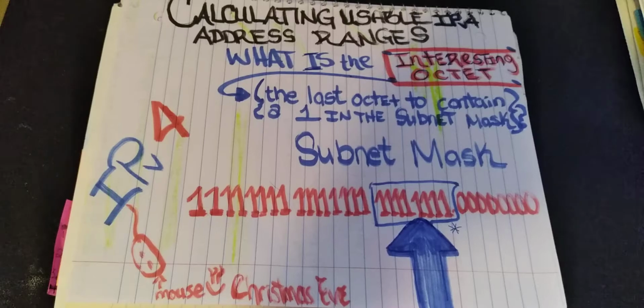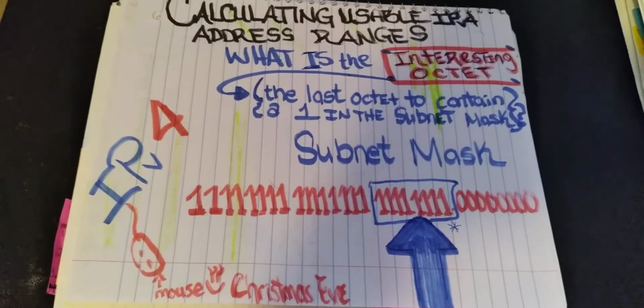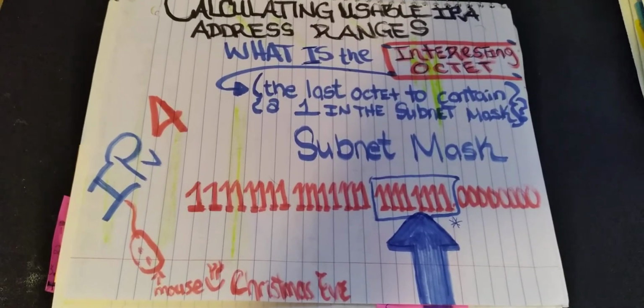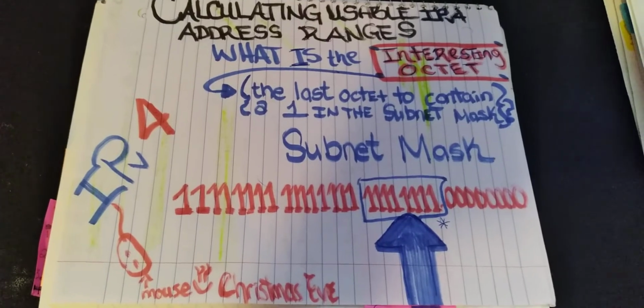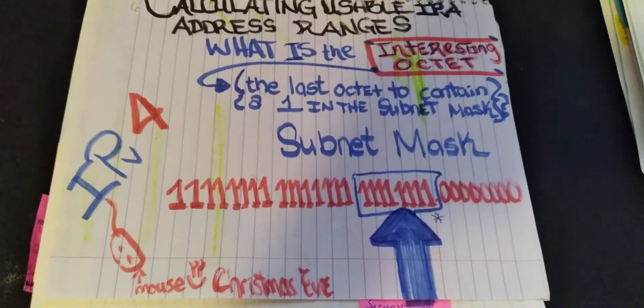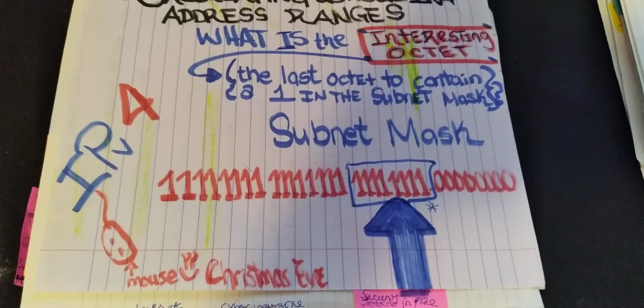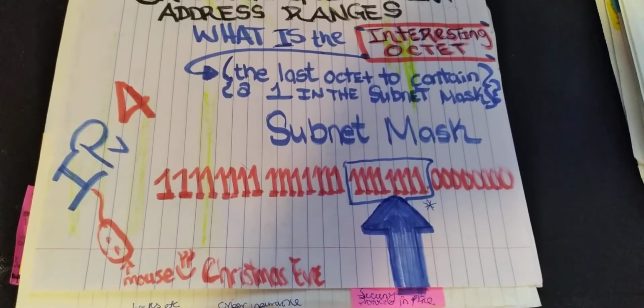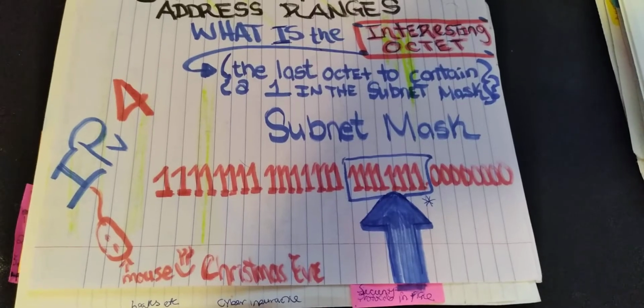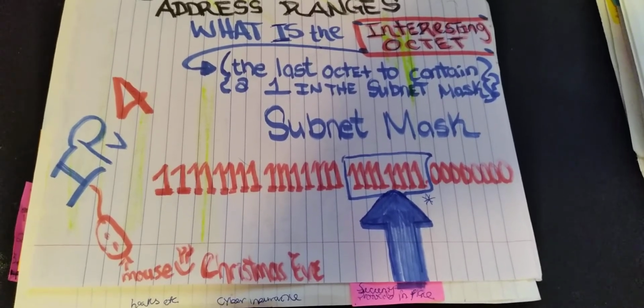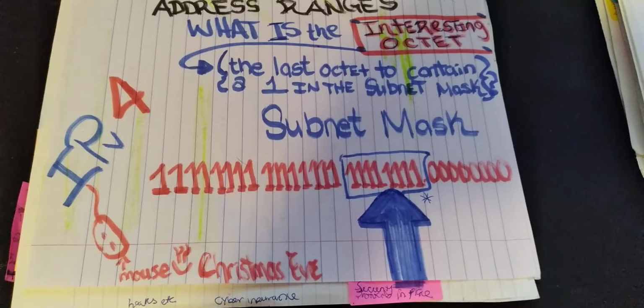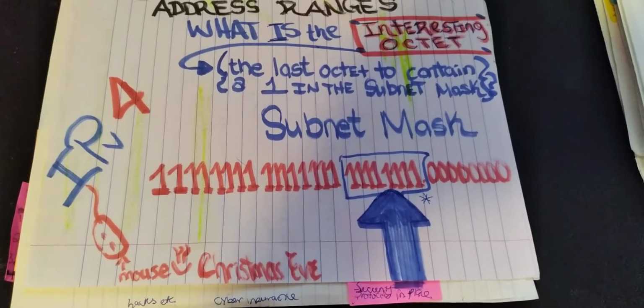So the first thing we need to understand is, what's the interesting octet? And here's the definition. The interesting octet is the last octet in our subnet mask to contain a 1. So we think of our subnet mask in binary.